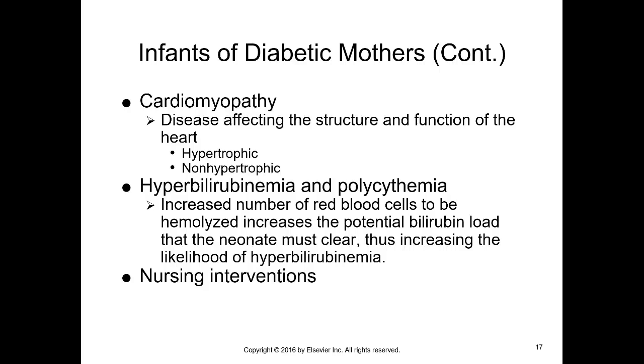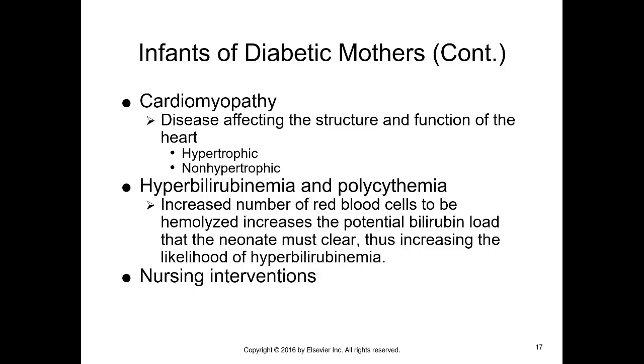IDM babies are also at risk for cardiac defects, and we talked about that. Cardiomyopathy is a disease affecting the structure and the function of the heart. It can be hypertrophic, which is hypercontractile with a thickened myocardium, and this can result in outflow tract obstruction.